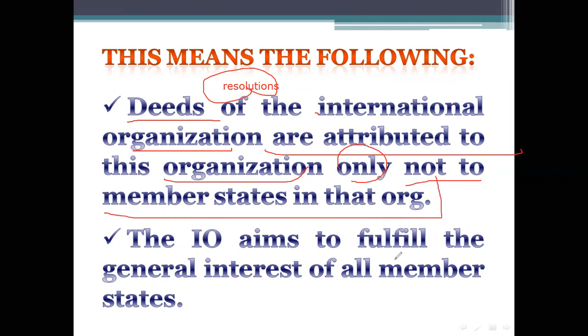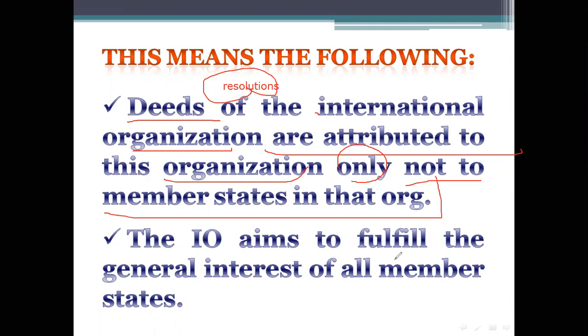to the member states and the organizations. So when there is a resolution issued by the UN Security Council, مجلس الأمن الدولي, we cannot say that this resolution is made by the US. We cannot say that this international resolution is made by China, and China has a liability and takes responsibility for issuing it.